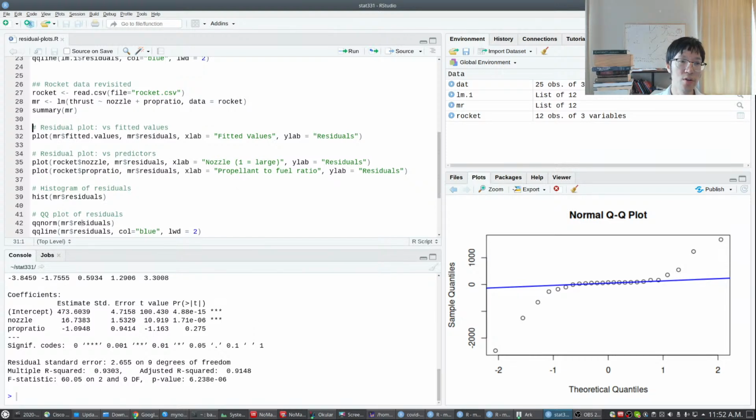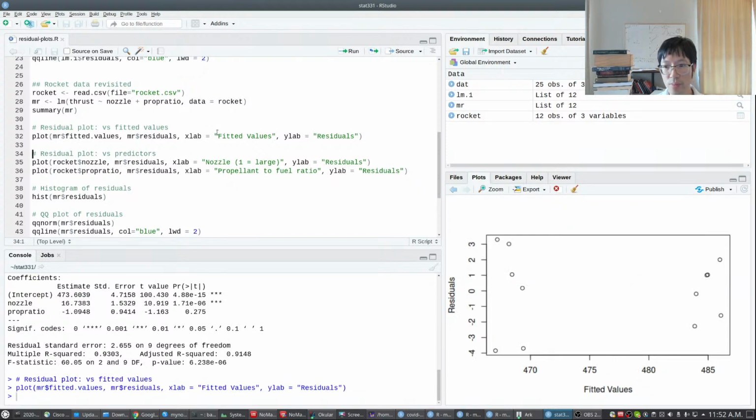So we have fitted the model, and so let's again plot the residuals and the fitted values together. Okay, so this one is sort of interesting because there's kind of a gap in the fitted values, which is not a problem, but we do want to see whether the spread around 0 is fairly symmetric throughout.